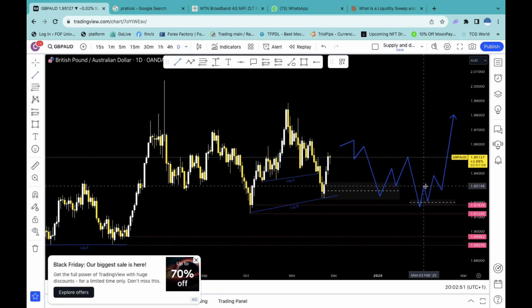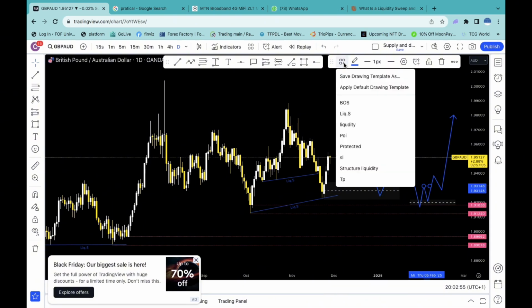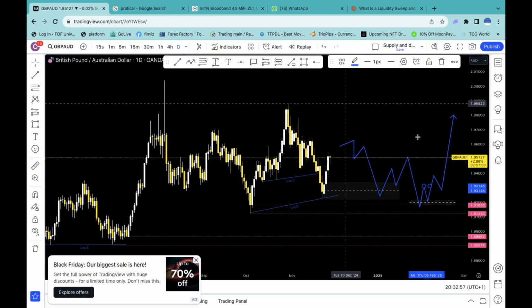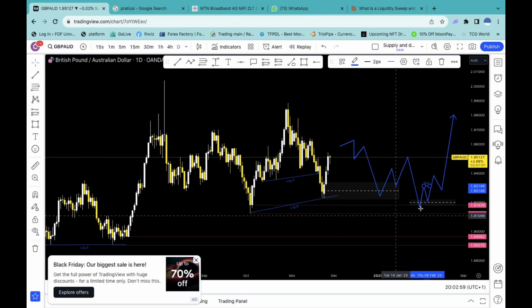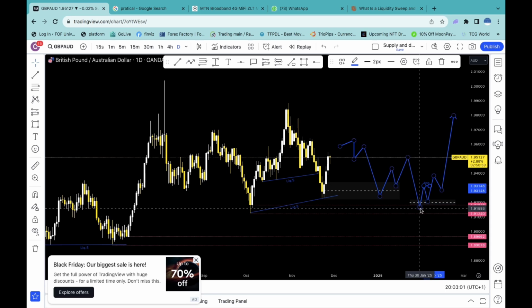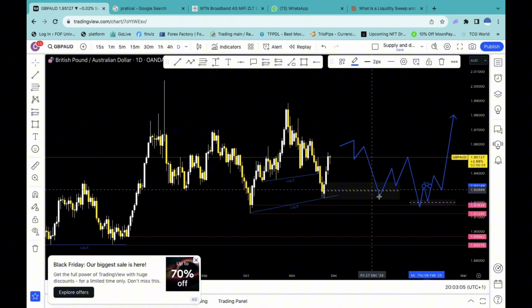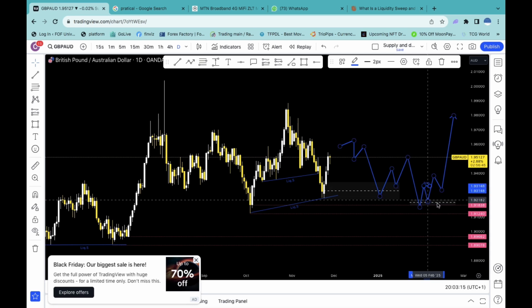Because price has tapped into my POI and has swept this, it gave me a liquidity sweep kind of setup. Then once I see an engulfing candle, a daily close of the engulfing candle, I will want price to pull back. In the pullback, I would have identified another block on the lower time frame for me to take this trade.